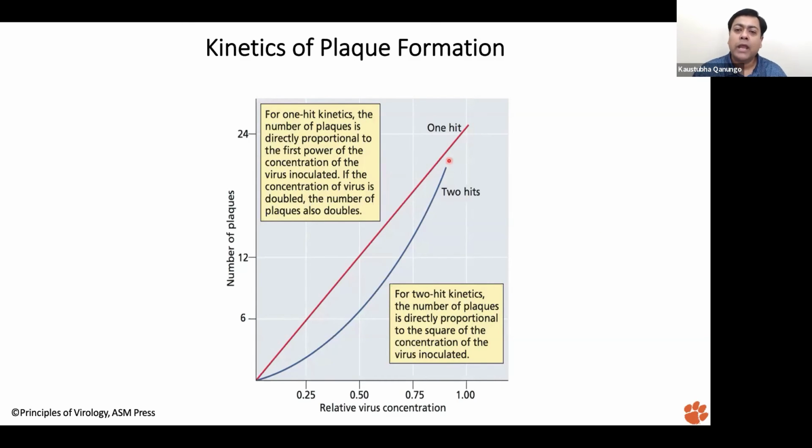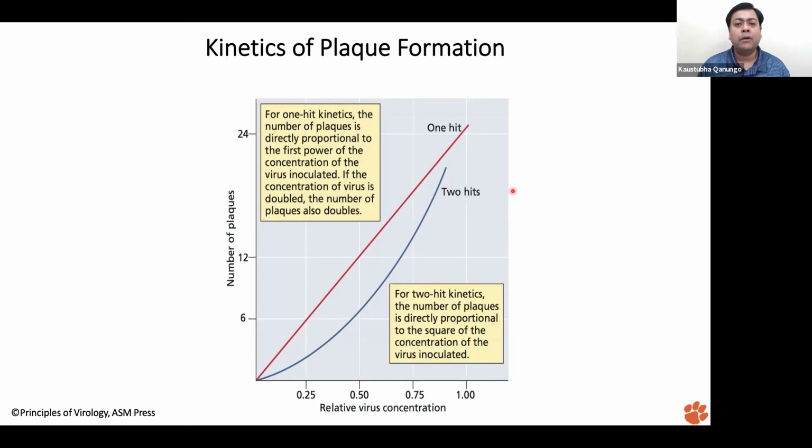If it follows one-hit kinetics, then your calculation is almost correct. Sometimes you can get two-hit kinetics, where the number of plaques is directly proportional to the square of the concentration of the virus inoculated. For most purposes, a small number of cells can have that, and statistically there could be a little bit of error, but that takes care of it. But there are certain viruses, some RNA viruses, which have two copies of the genome.